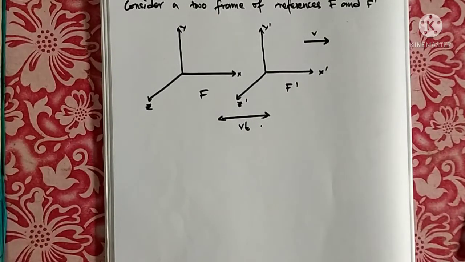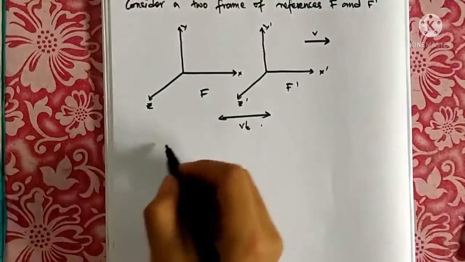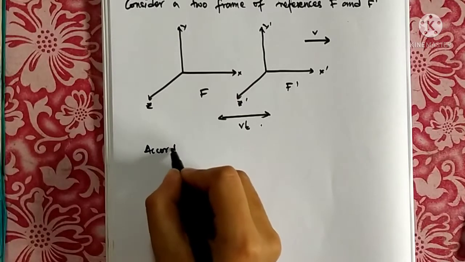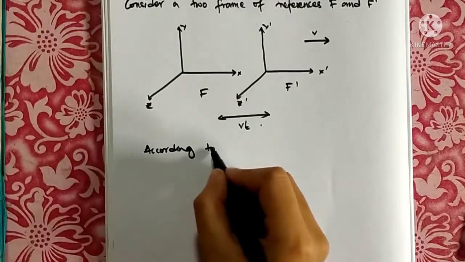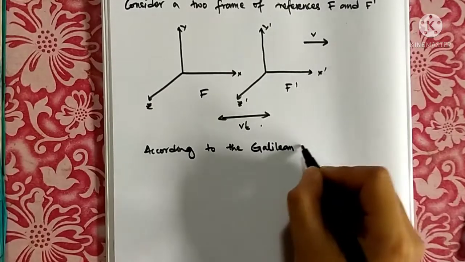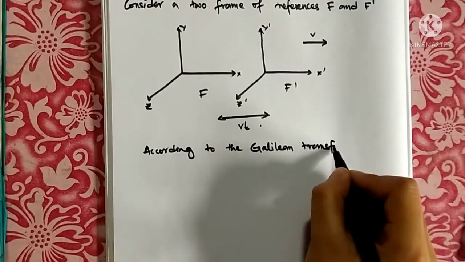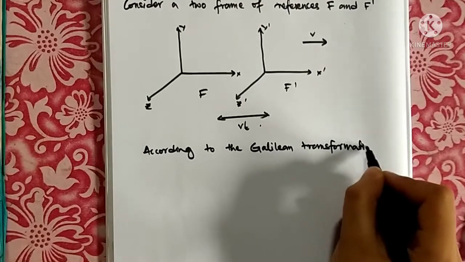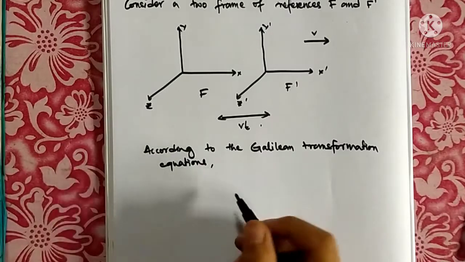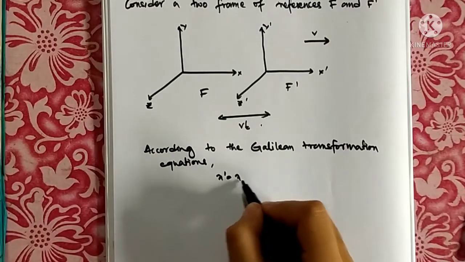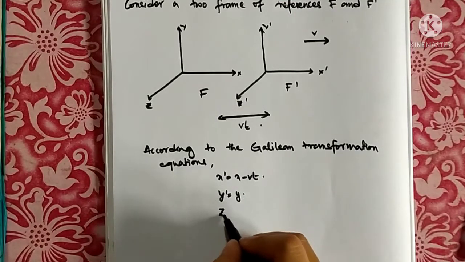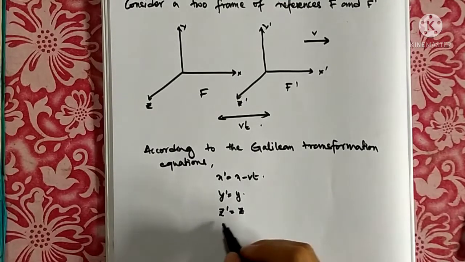According to the Galilean transformation equations, we have x prime is equal to x minus vt, y prime is equal to y, z prime is equal to z, t prime is equal to t.